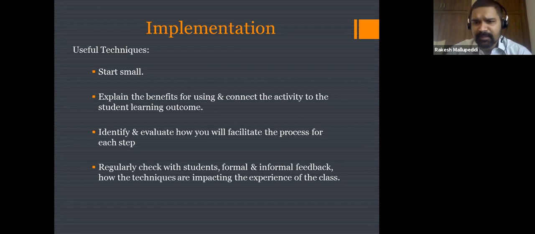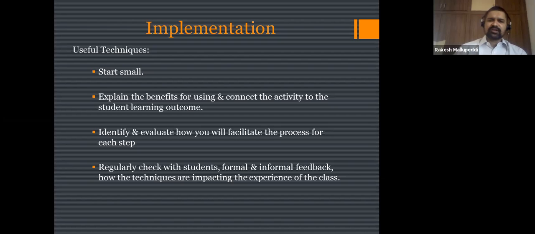And feedback, this is very, very important. Students may be using the techniques that you have told them, but are they really in line, or do they want something different, or do they have some better idea of how to implement it? You need to have both formal and informal feedback.